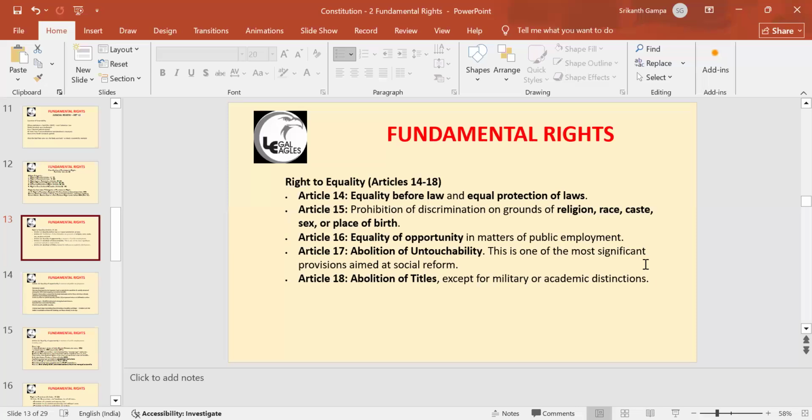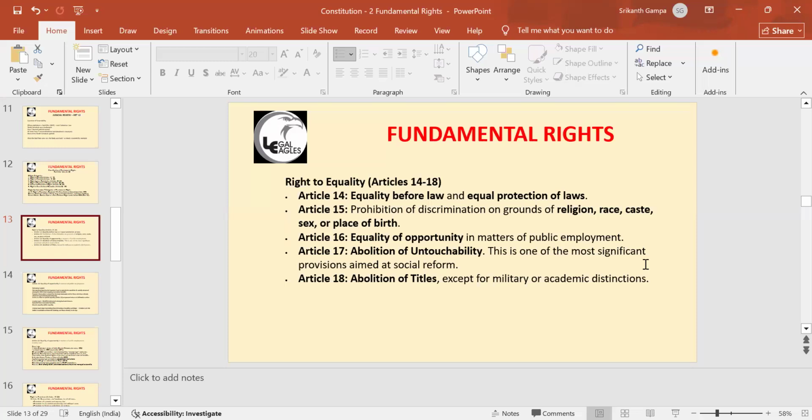Everyone will have the same CrPC, and the same IPC sections are applied, whether you are rich or poor. So law is supreme, law is equal, law is above individuals. That is the basic thing in equality before law. There are no different laws for different individuals.